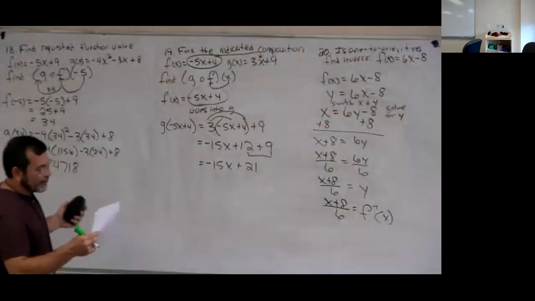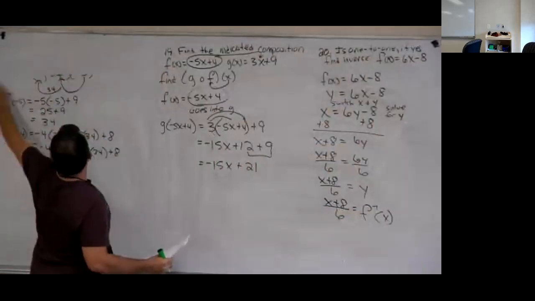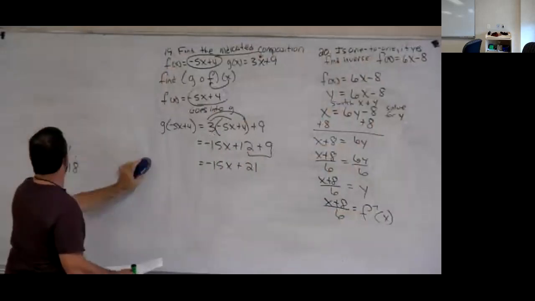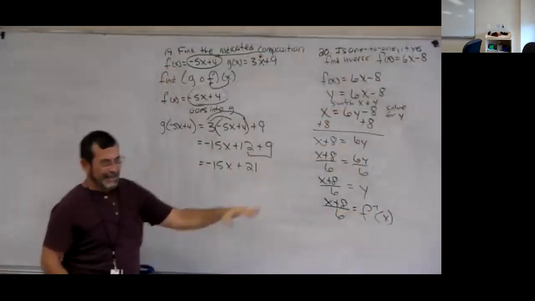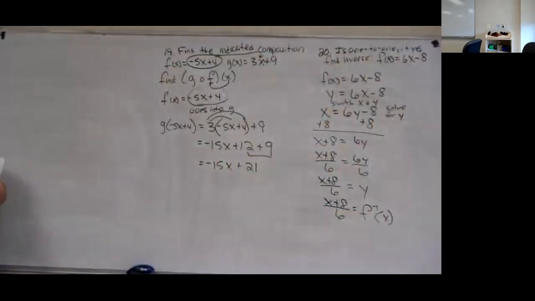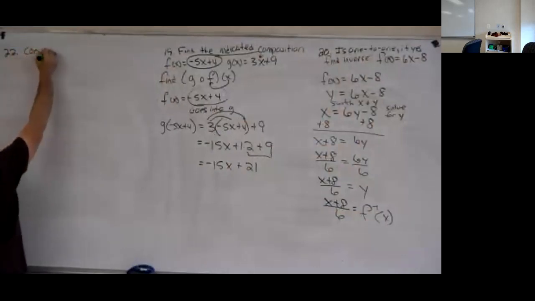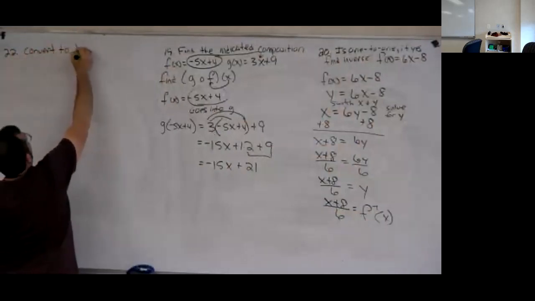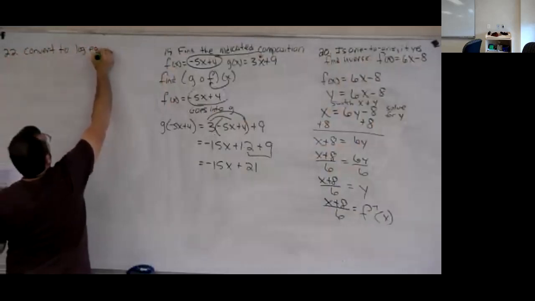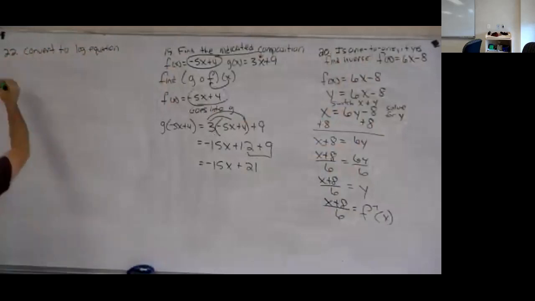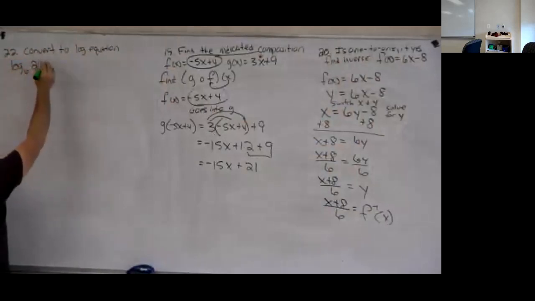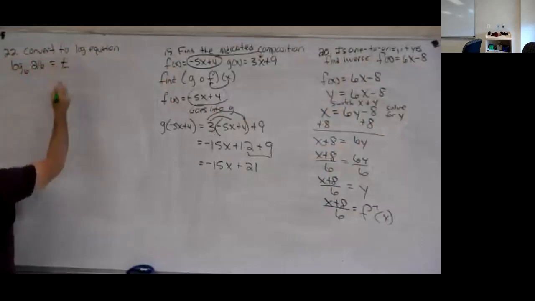All right, so let me jump up some of the stuff on this new test. Well, what were some of the memories you needed to have from those first 3 tests, okay? 22, convert to log. Log base 6 of 216 equals t.